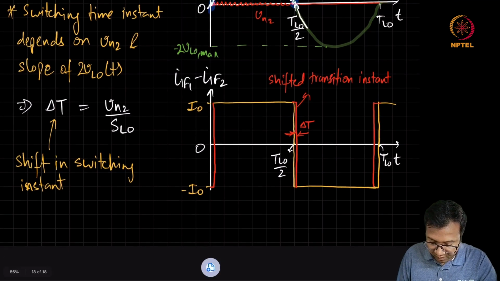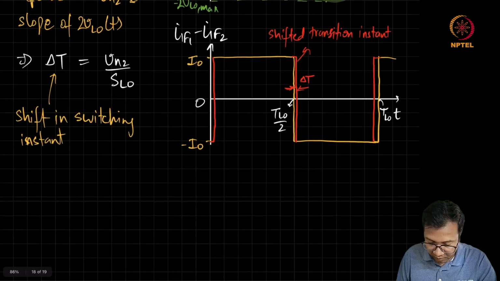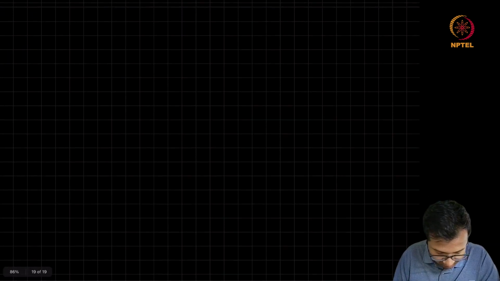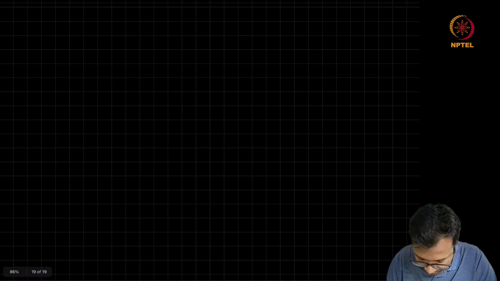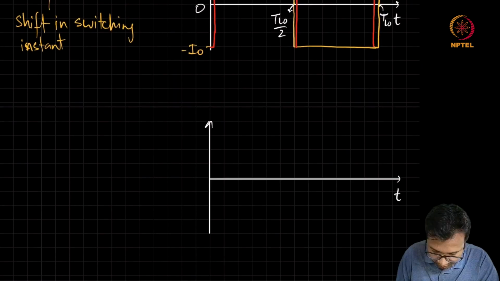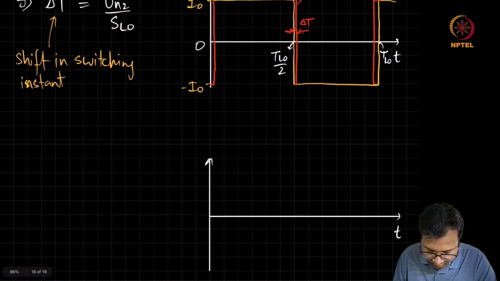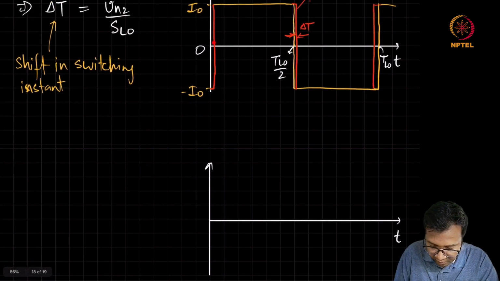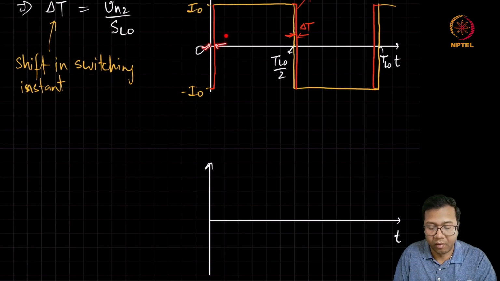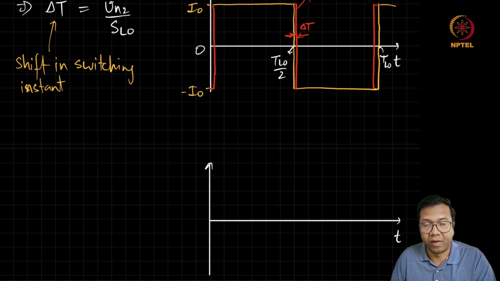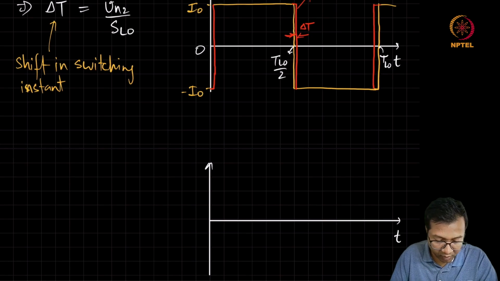So if I just take these narrow pulses out, I can draw them as this kind of bars. Whether this shift is going to be positive or negative, accordingly, this extra error which we are getting is going to be either plus 2I naught or minus 2I naught.